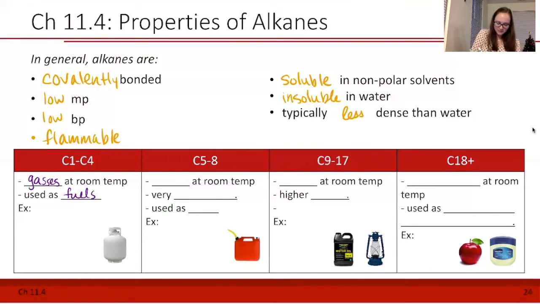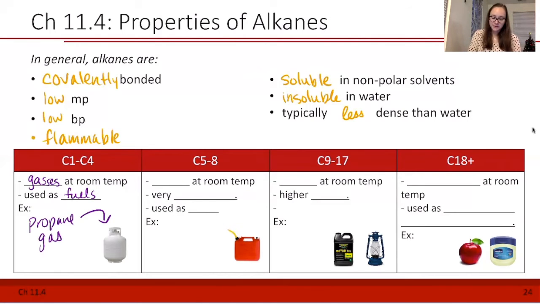An example of this is propane gas. This is like the gas tank that you use in your grill if you use a gas grill. And that's what causes the fire and flames and everything that you have.